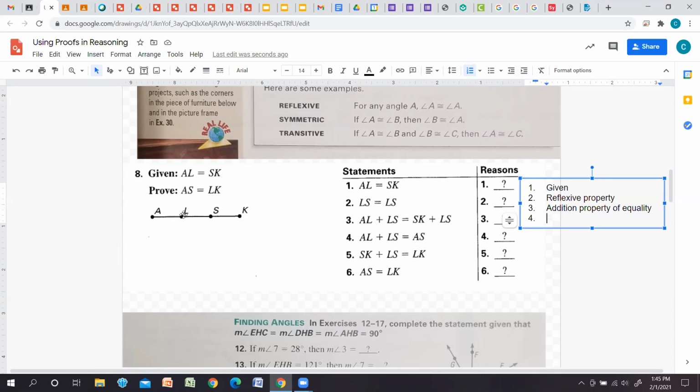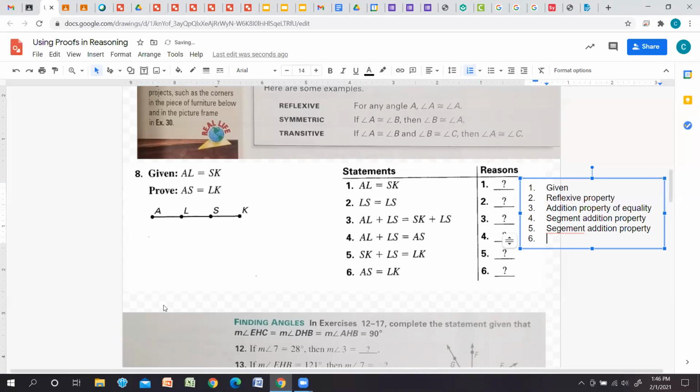They said AL plus LS is equal to the entire line, AS. So that's what we call the segment addition property. We can add those two together to get the entire line. And also we know SK plus LS is equal to LK. They looked at the line, and again, that's the segment addition property.